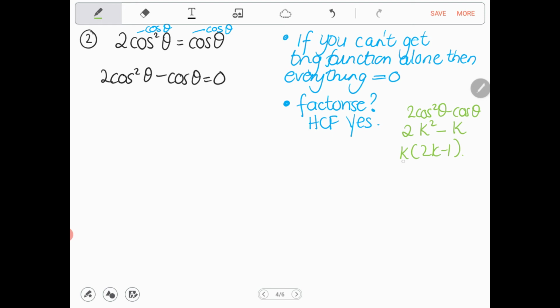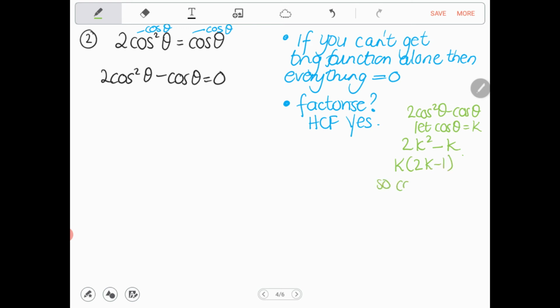So you would replace cos theta there and cos theta there. Okay, so that is an option if you want to. Let me just do it here. So let cos theta is equal to k. So this is 2k squared minus k. Take out your common factor.